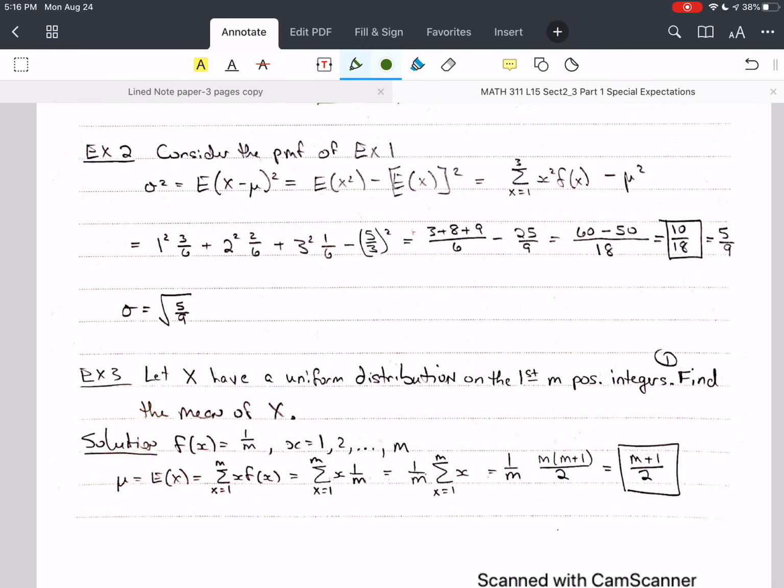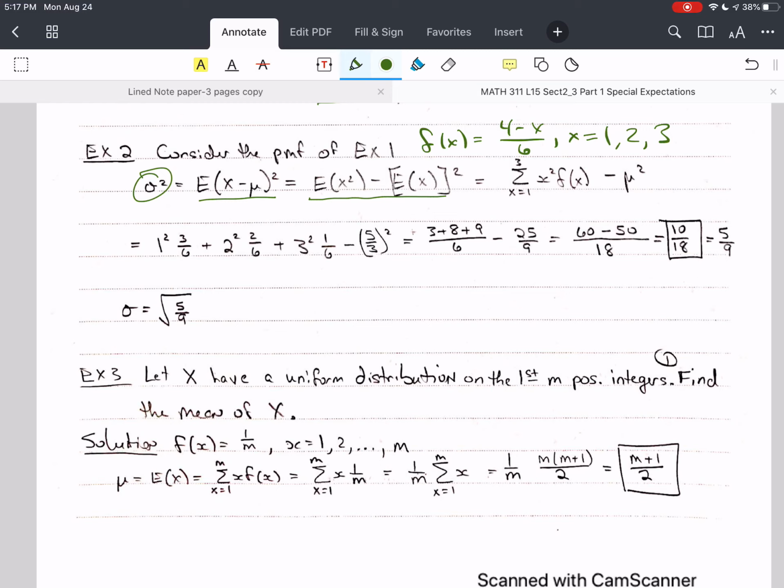Now, let's do an example. We're going to consider the PMF from example 1, and that was f of x equals (4 minus x) over 6, x equals 1, 2, 3. So we want to find the variance of this. And this is E of (x minus mu) quantity squared, which is equal to E of x squared minus the quantity E of x squared.